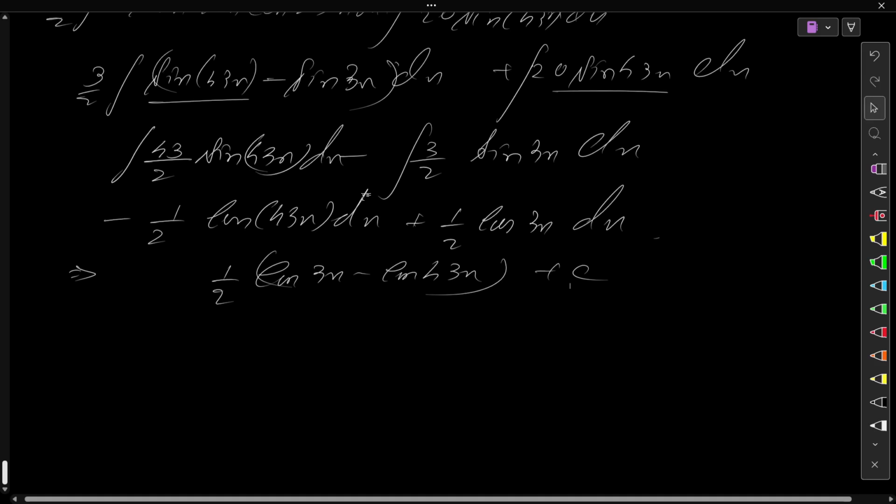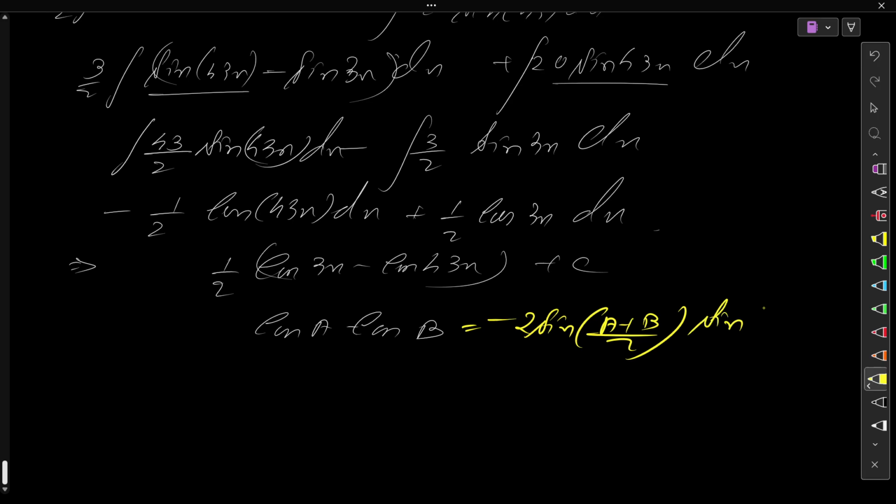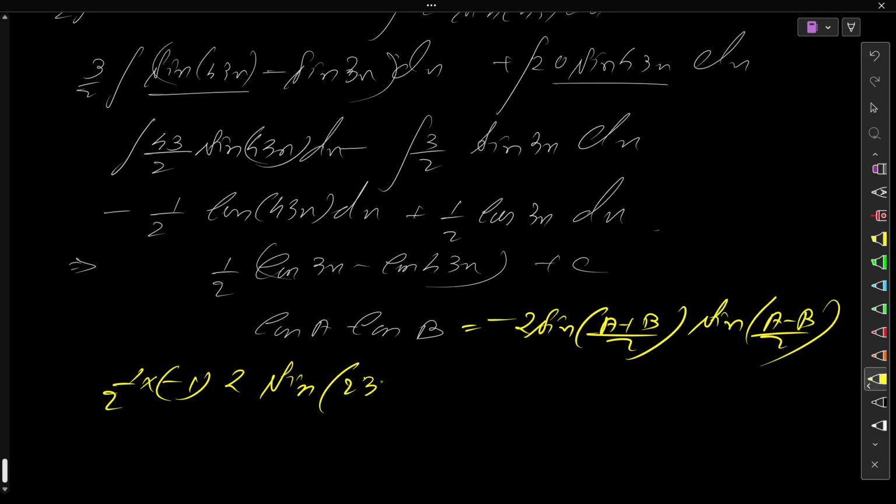We can even more simplify it. This could be written as cos of 3x minus cos of 43x, so cos a minus cos b. As we know, cos a minus cos b is equivalent to minus 2 sine of a plus b by 2 times sine of a minus b by 2. So this could be written as minus 1 multiplied by 2 sine of 46x by 2, that is 23x, sine of 40x divided by 2, that is 20x.